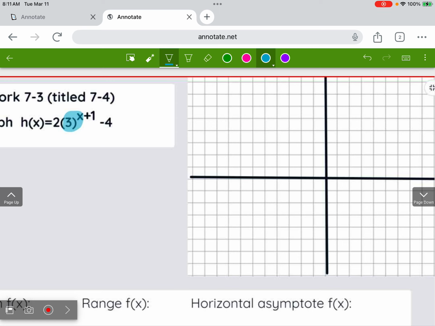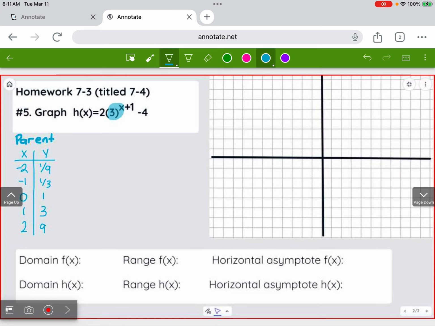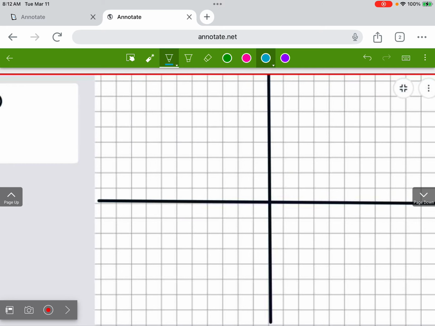So whenever I'm graphing the parent function, I tend to do it in a lighter color, or I'll do it in very light pencil. So I'm going to do it in a super light blue up here.